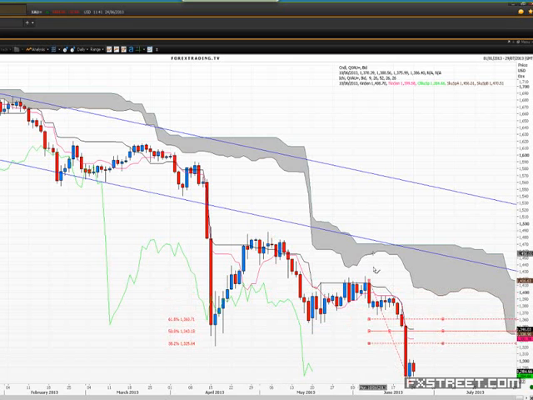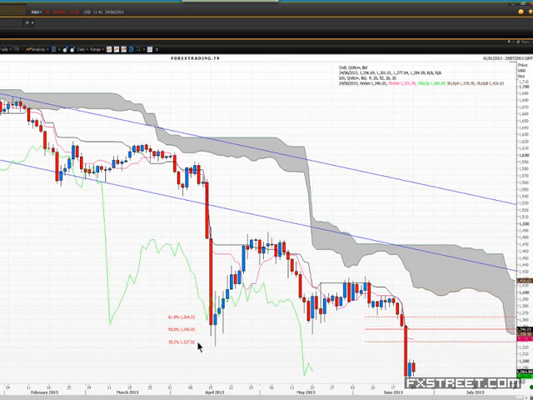I'm now going to redraw my Fibonacci retracements taken from that recent low. With this very relentless move down, I really don't think we're going to get above 61%, which is $1,364 per ounce, and the cloud is also coming down lower and lower.